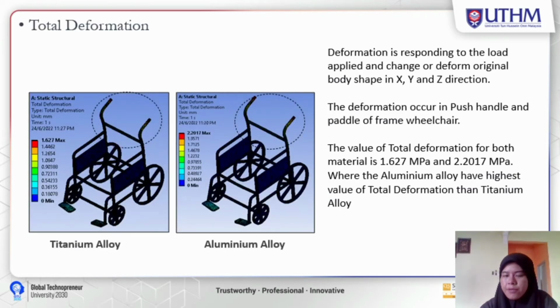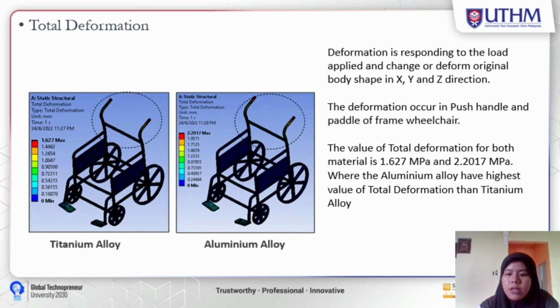The first result that we obtained is total deformation. In the figure below, the left side is titanium alloy and the right side is aluminium alloy. The deformation is in response to the load or force we apply to the wheelchair, and it changes or deforms the original shape of the body in the X, Y, and Z directions.